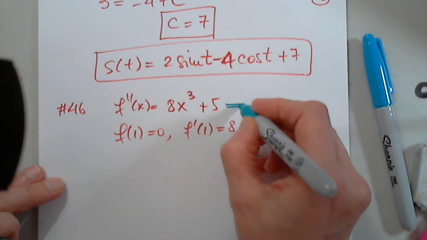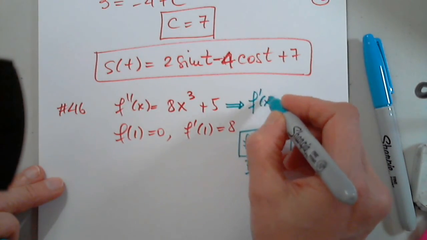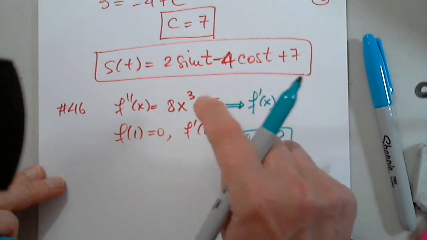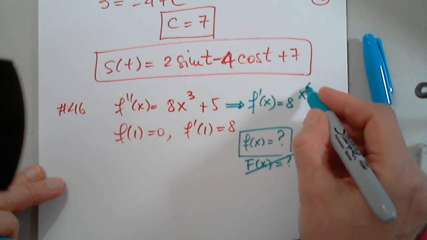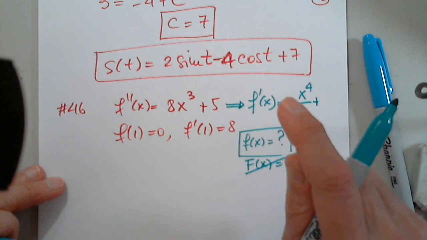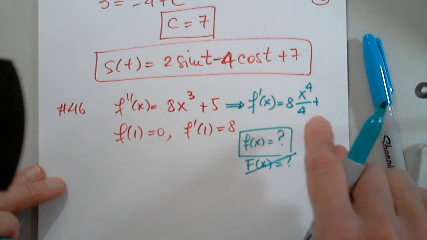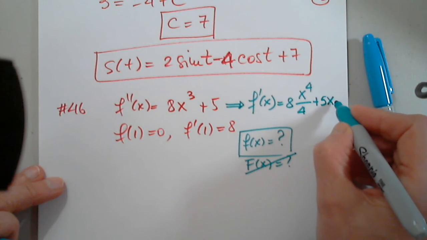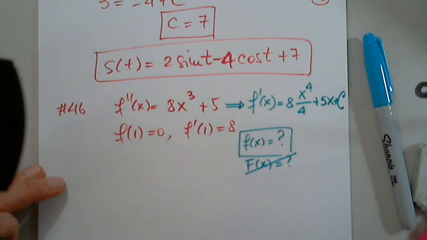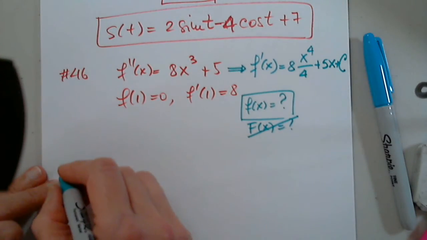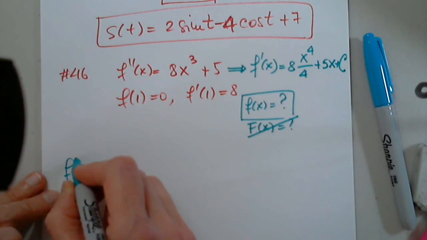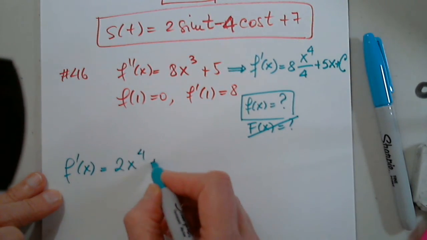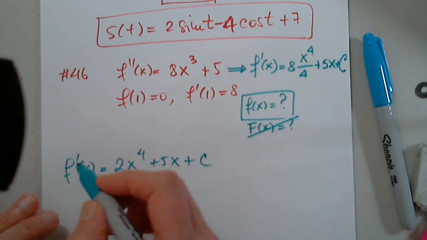I have to find the first derivative first. As we know, 8 increases the power, x to the fourth over 4, plus, which function has derivative 5? Well, that is 5x plus a constant c. So this is 2x to the fourth plus 5x plus a constant c.